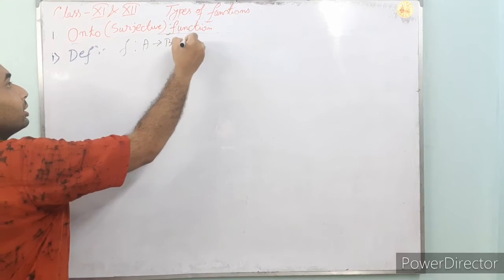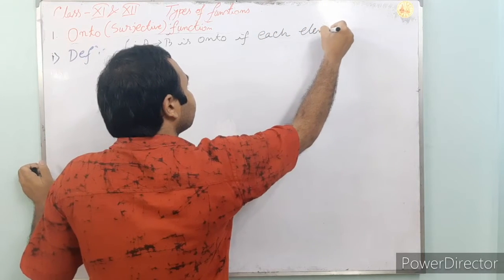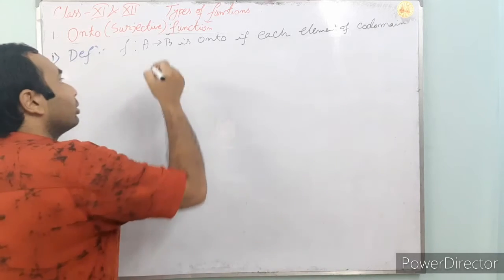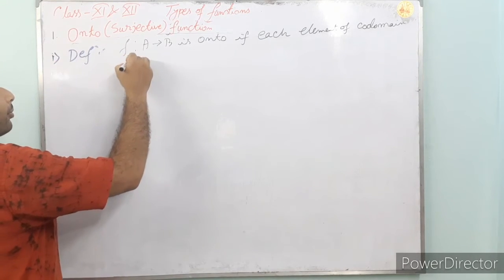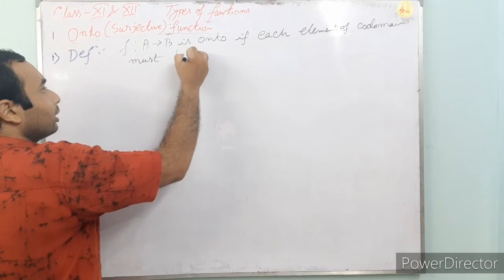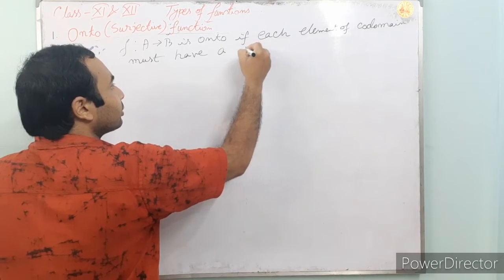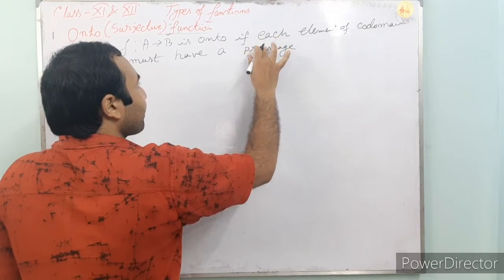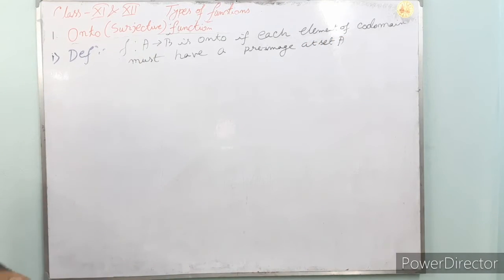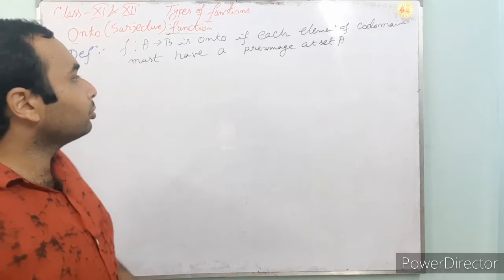A function from A to B is onto if each element of the codomain must have a pre-image in set A. That is, if each element of the codomain has a pre-image, then we can say it is onto.